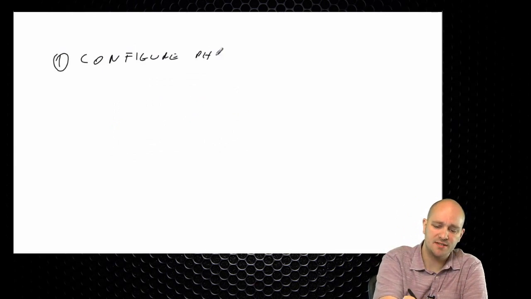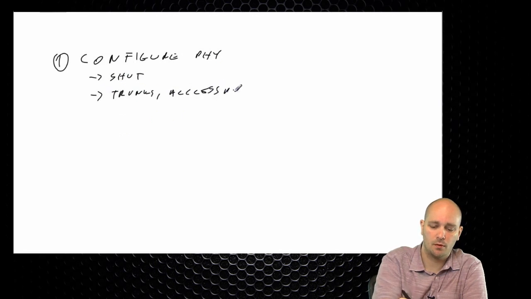So my steps for configuring ether channel is to first configure physical interfaces, and this is where I start by shutting them down, then configure them as trunks, access ports, or layer 3 ports, make sure that all of them are configured properly.